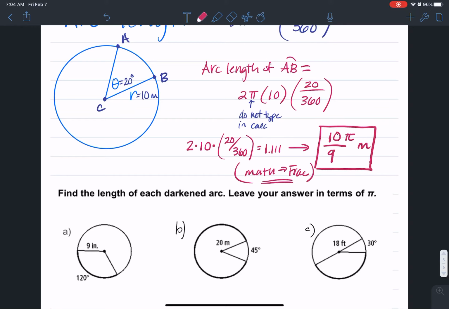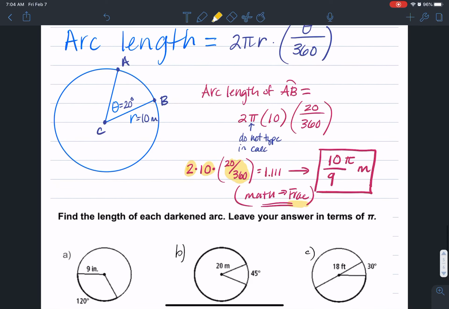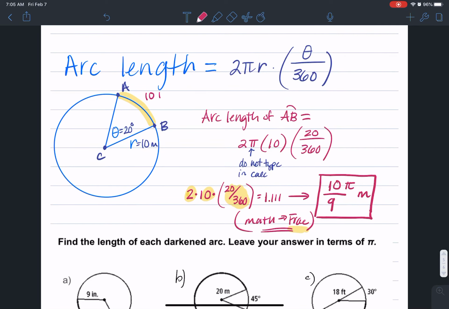Seems kind of weird, but it's actually pretty easy to do. All you have to do is type in this, this, this, make sure you have it in a fraction, and stick your pi there. So what we just found was the arc length of AB was 10 pi over 9 meters. Now if we wanted the entire circumference, we could do that.